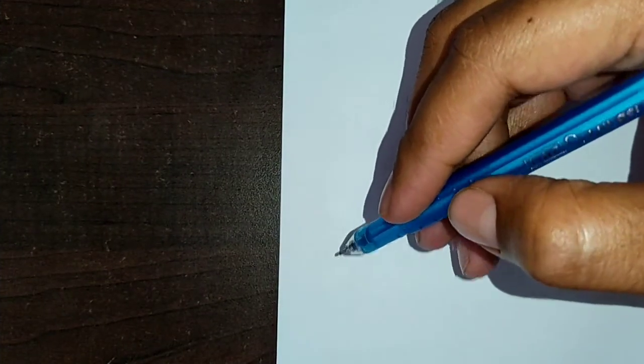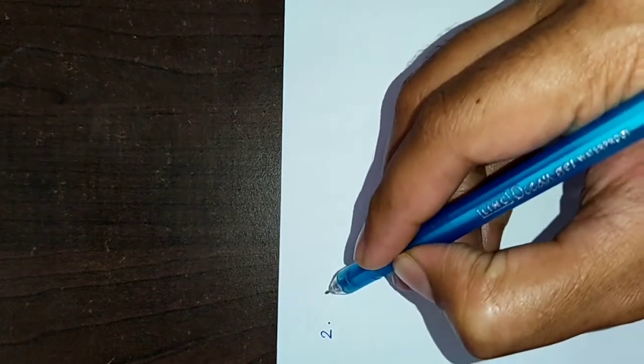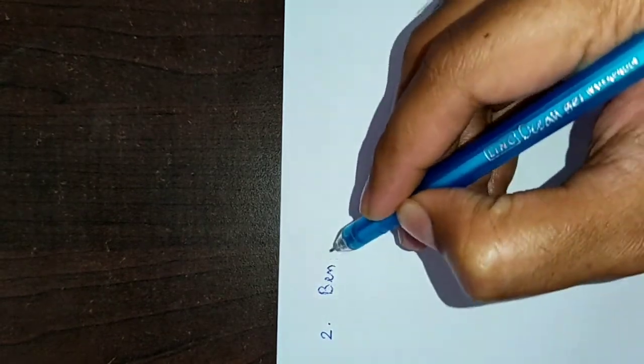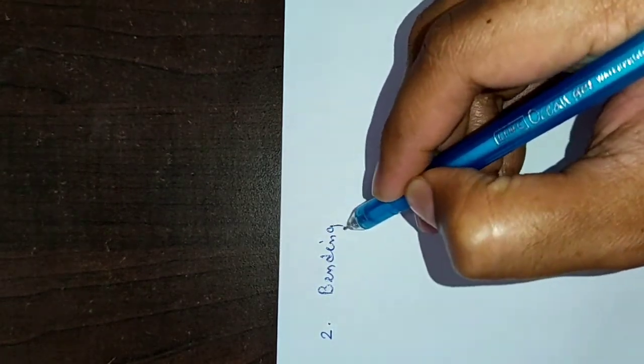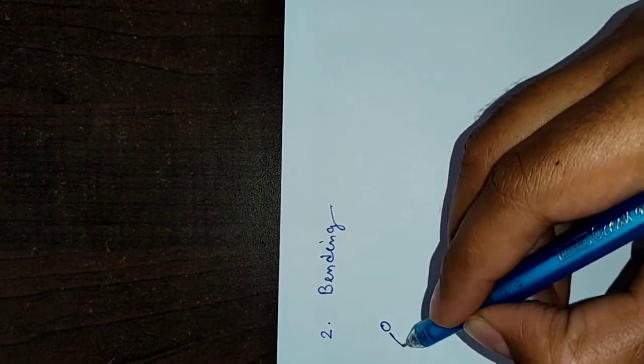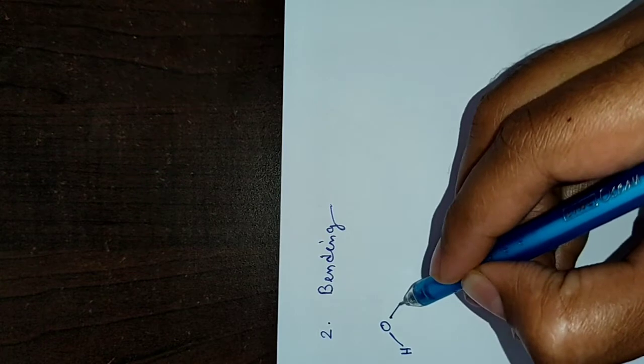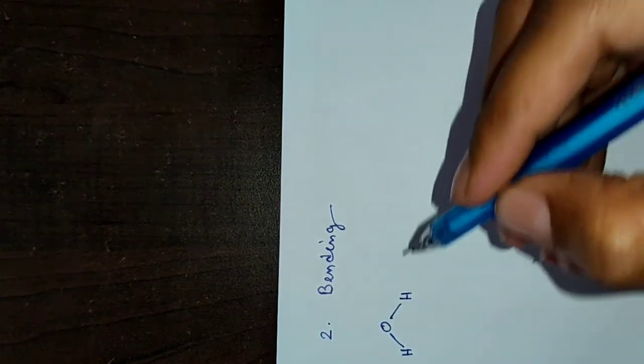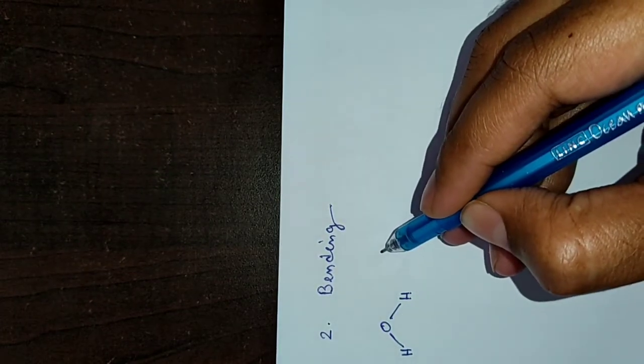Now the second case, which is bending. This is the equilibrium configuration.